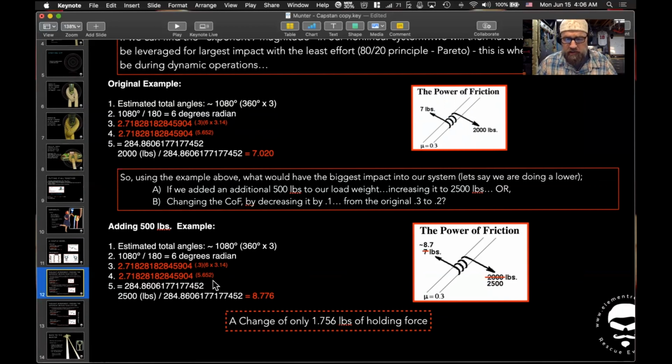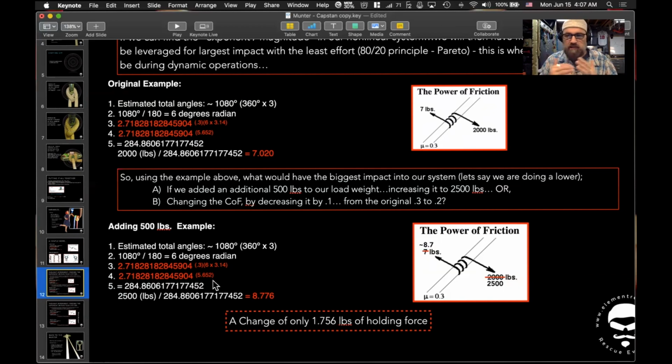We only increased the force we have to input into our brake line by 1.75 pounds. So we went from holding 2,000 pounds, requiring 7 pounds of force, to holding 2,500 pounds, only requiring 8.7 pounds of force. And the reason for that is we didn't change the exponent.